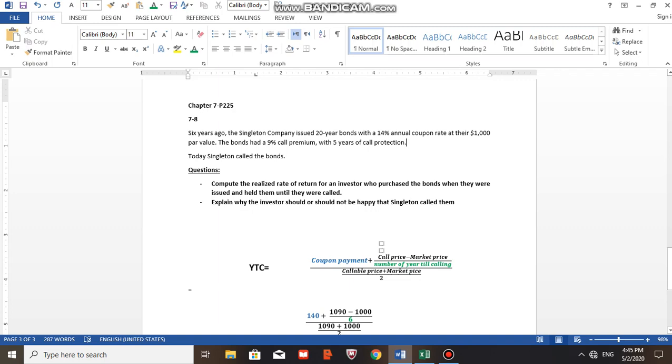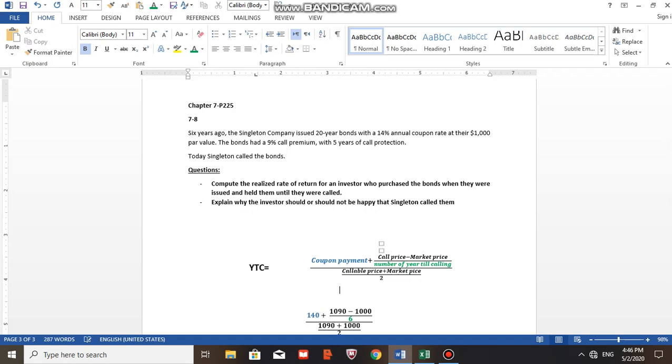So, setting the formula for the YTC: coupon payment, callable price, market price, number of years till calling. All we need is to find the components. For the coupon payment, it's 140. How did we get 140? We know that coupon payment is coupon rate times the par value.